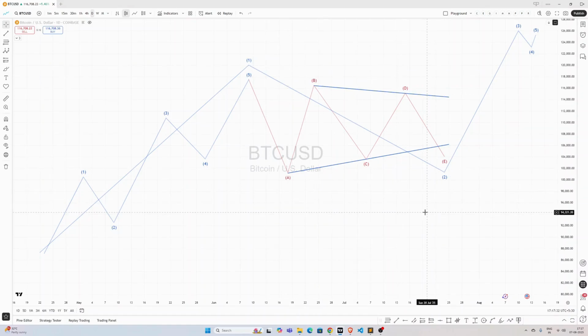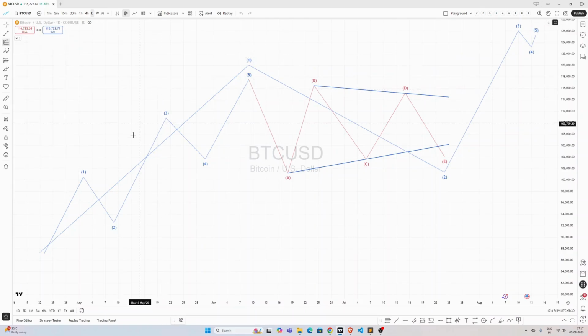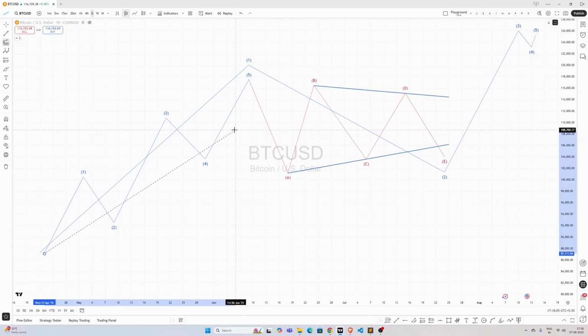Now, when you try to estimate how large wave 3 is going to be based on Fibonacci levels and the principle of equality, then from which point do you actually start measuring it? So if I take the Fibonacci measurement tool, so this is the lowest point or the starting point of wave 1.